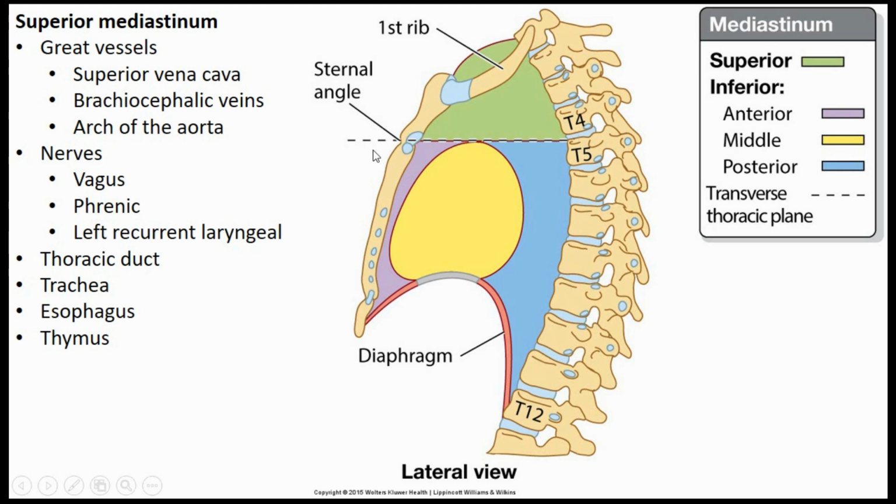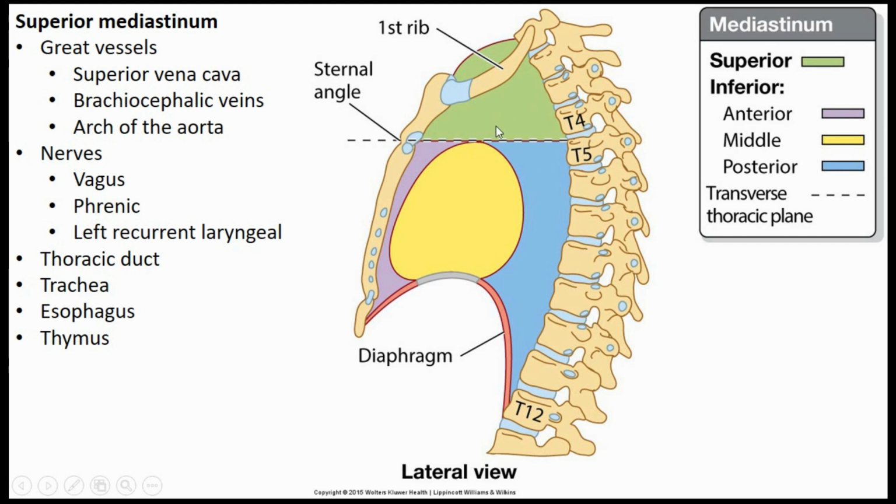And we divide it into superior and inferior mediastinum, mostly so that we can categorize the things that are in there. There's no real stop point visually separating the superior from the inferior mediastinum. It's just simply a little bit of convention for where that division happens between the sternal angle and T4, T5 intervertebral disc.